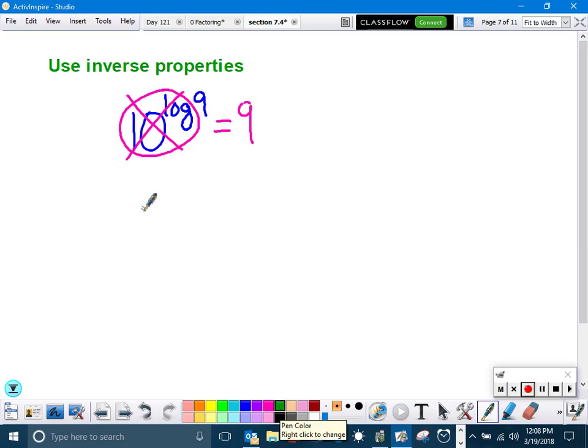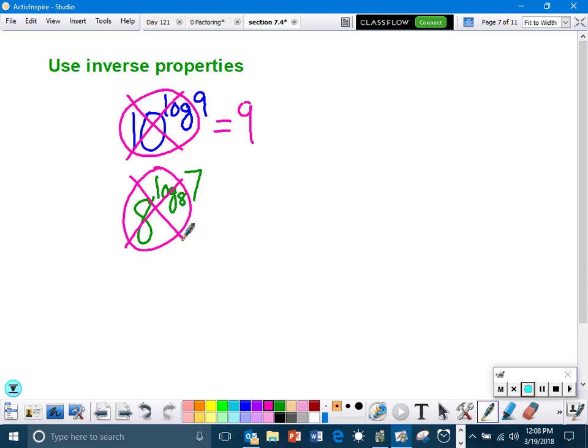If I had a base 8 and I had log with a base 8 of 7, again, the 8 and this log base 8 cancel each other out. They have to be the same number. And so my answer would be 7. Pretty simple.